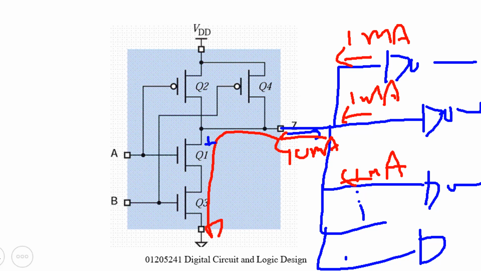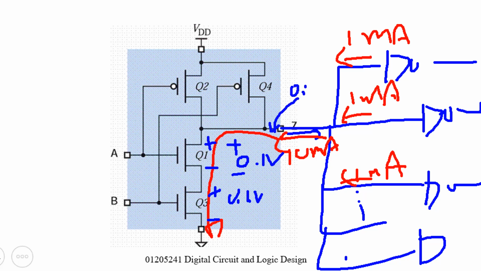So the voltage across this transistor, if the internal resistance is 10 ohm, is 100 millivolt, or 0.14 volt, and this one also 0.14. That means now this output is not 0.4.